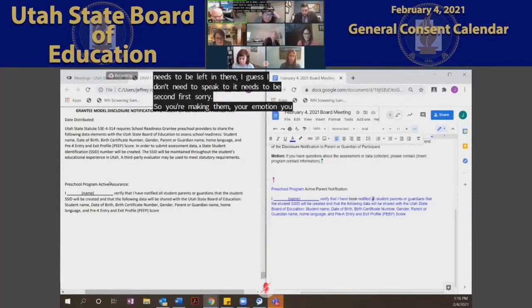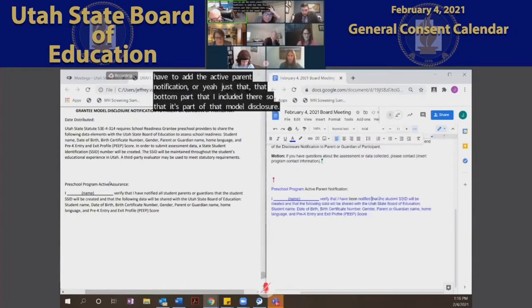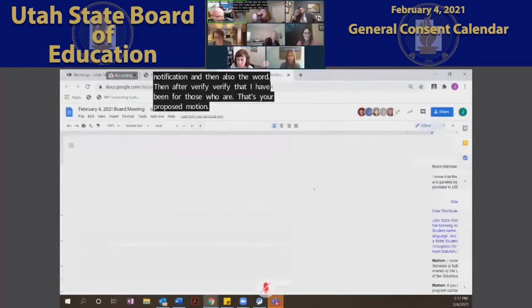So it would be add active parent notification and then also the word been after verify that I have been. So that's your proposed motion. Is that correct, Board Member Earl? I'm sorry, it's small on my screen, so I'm trying to read it. Okay, I'll restate it again, it might help. You're adding where it says at the header of that form, preschool program.